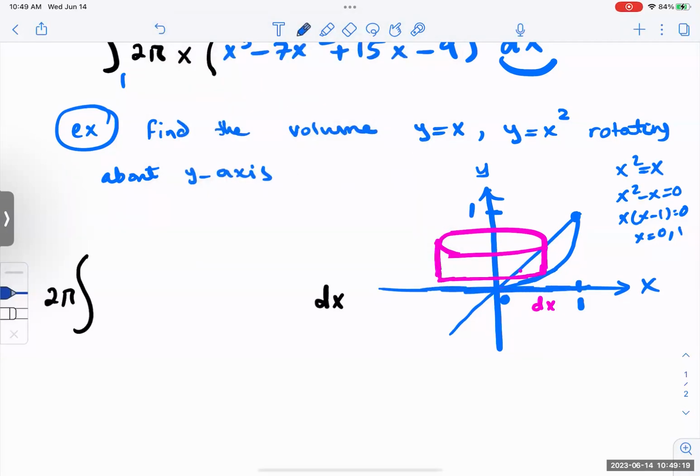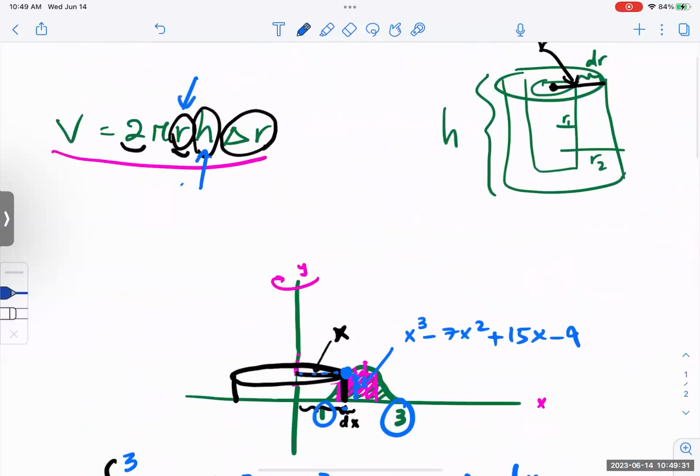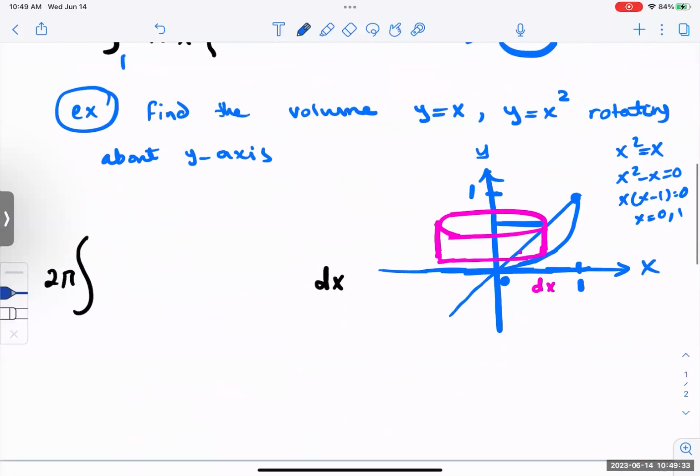Okay, that's the corresponding cylinder. So far, you know these two things. In the formula there is an R, which corresponds in this case directly to whatever the x value is there. So it's going to be x times, now you're talking about the height here. So what is this height?